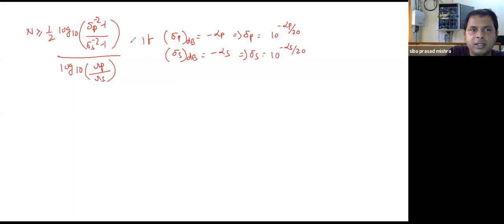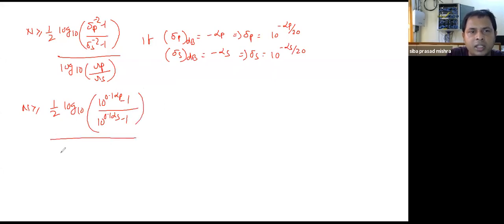Now use this in the order equation, what will we get? Then we'll get n greater than or equal to 1 by 2 log 10 of (10 to the power 0.1 alpha p, minus 1) divided by (10 to the power 0.1 alpha s, minus 1), whole division by log 10 of omega p by omega s.